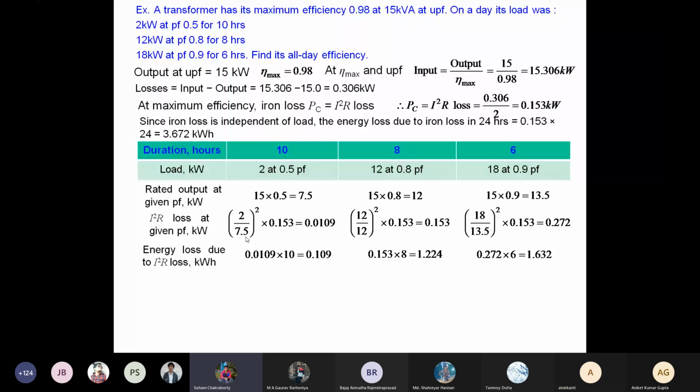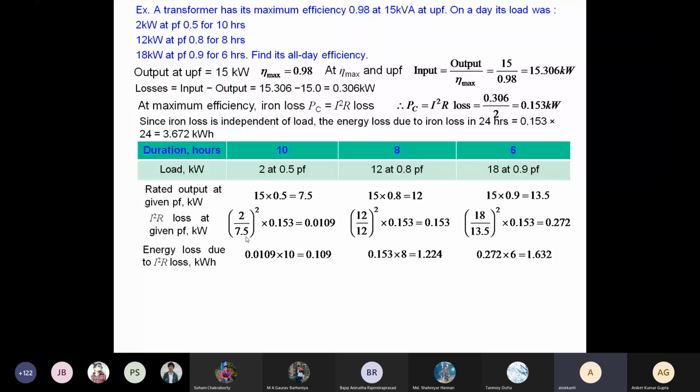Earlier it was the full load I square R loss. Okay, we are doing M square here. Yes. You have to find out the M.